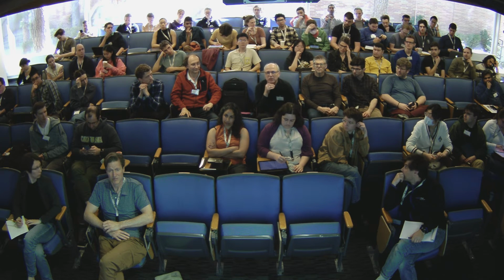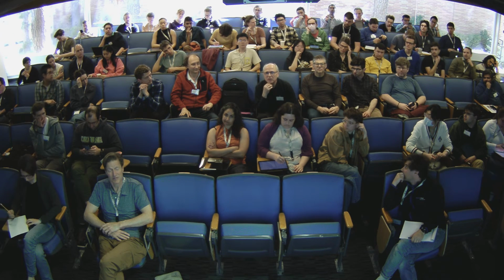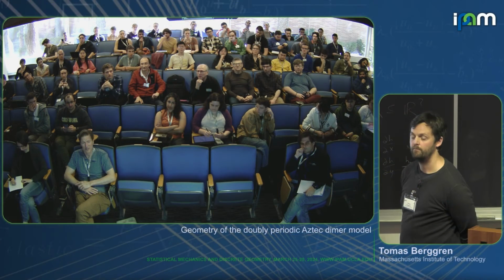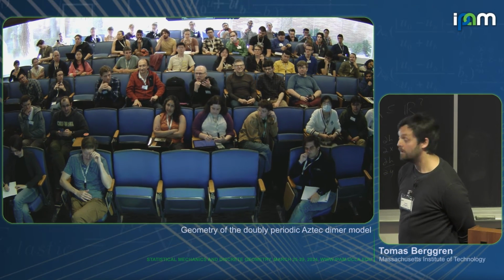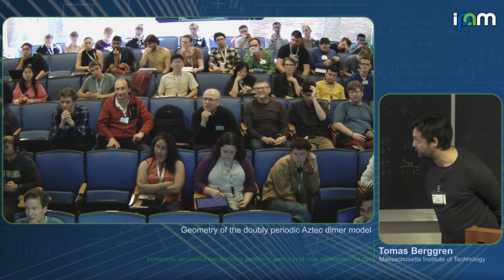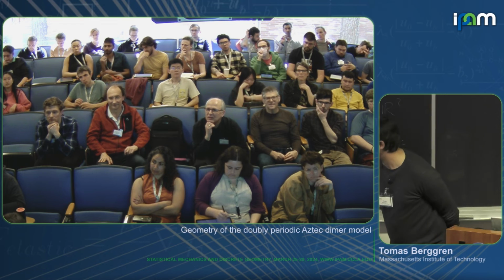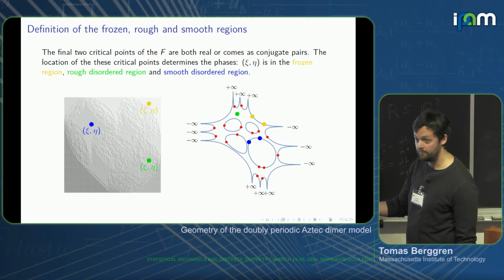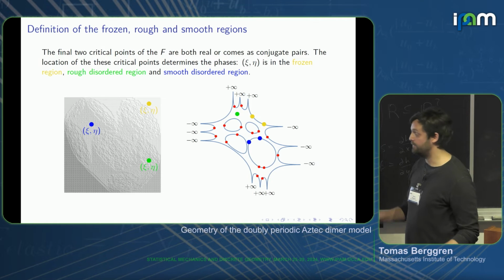Maybe it's a silly question, but can you define what's the difference between the rough and the smooth, on the surface of it? Yeah, sorry, I forgot to tell you that. In the frozen region, everything is completely fixed, right?